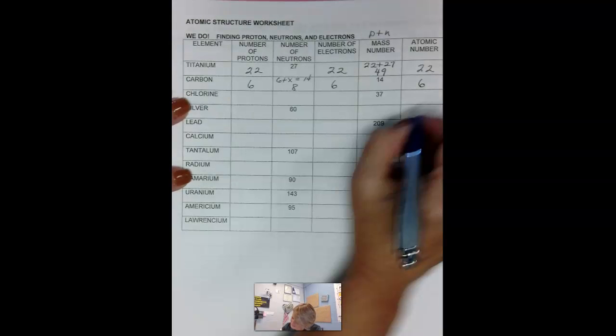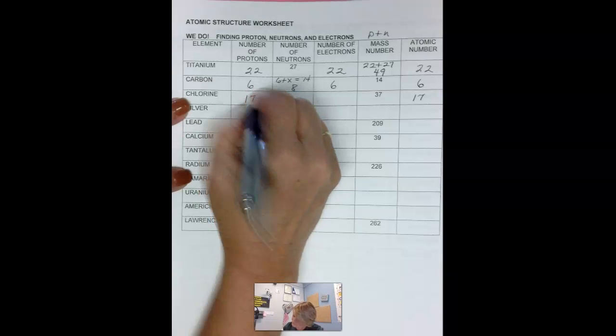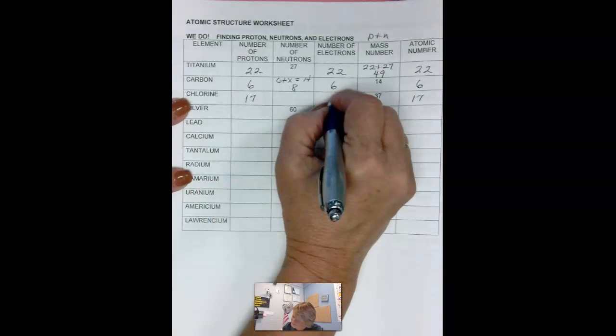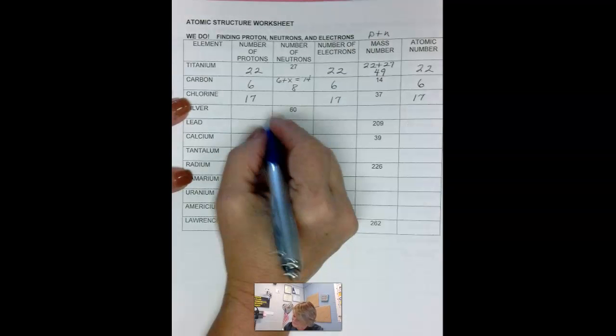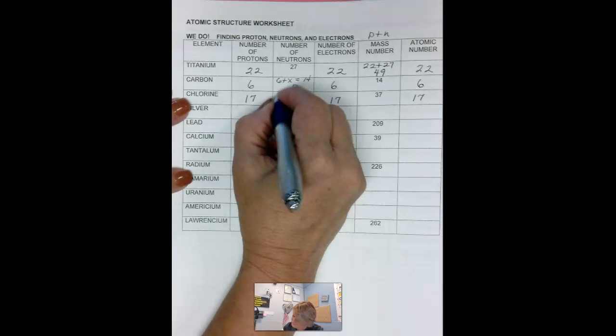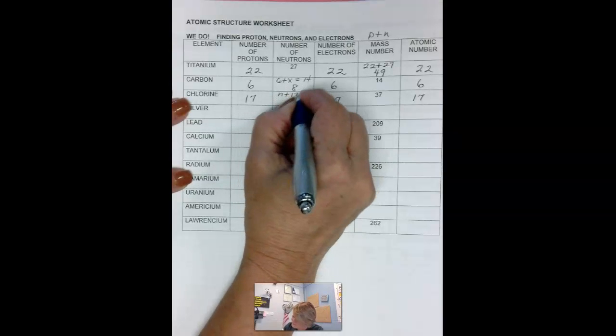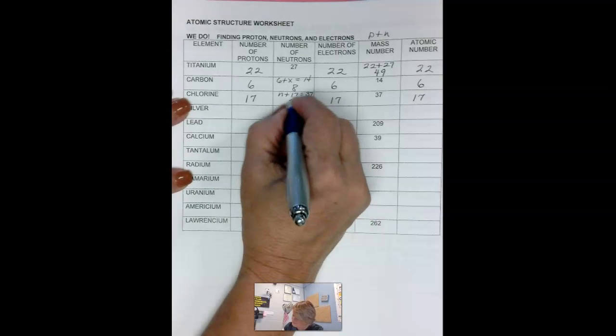It is 17. That means I have 17 protons, 17 electrons. I have a mass number of 37. So again, the number of neutrons plus my protons is 37. That means my number of neutrons is going to be 20.